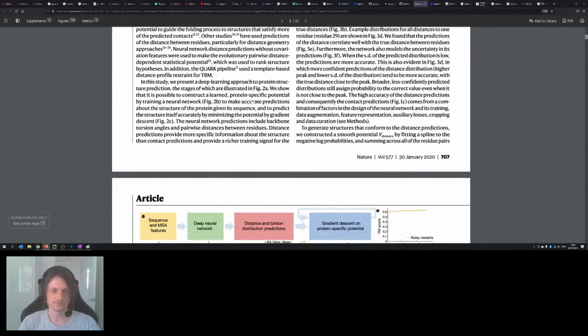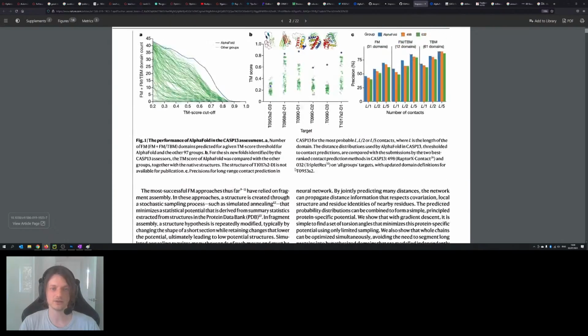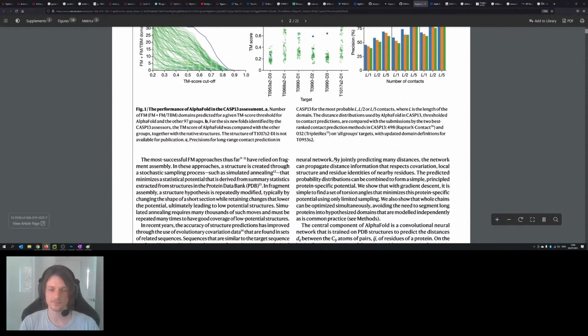Yeah, cool. We show that it's possible to construct a learned protein-specific potential by training a neural network to make accurate predictions about the structure of the protein given its sequence, and to predict the structure itself accurately by minimizing the potential by gradient descent. The neural network predictions include backbone torsion angles and pairwise distances between residues. Distance predictions provide more specific information about the structure than contact predictions and provide a richer training signal for the neural network.